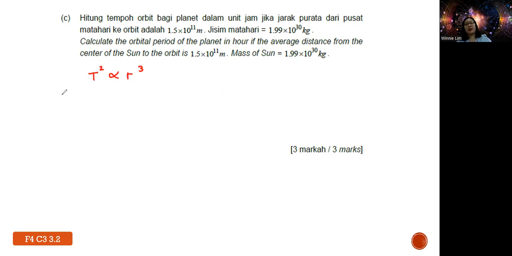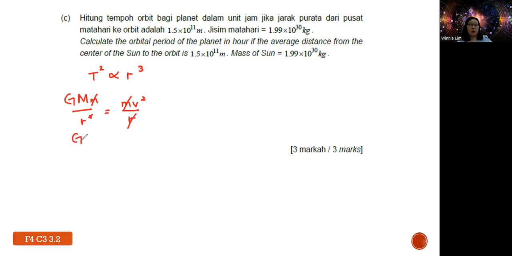You can derive this formula whereby the universal gravitational force is equivalent to the centripetal force. So the gravitational formula G M m over r squared equals m v squared over r, the centripetal force. Then the small m, the mass of the planet, you can cancel out, and one r you can also cancel out.